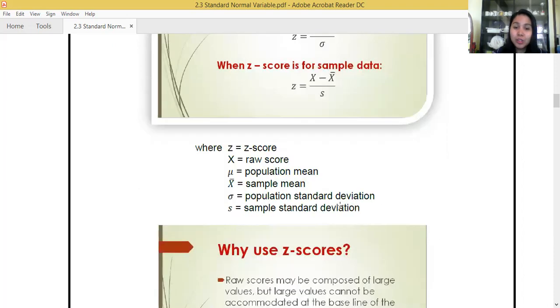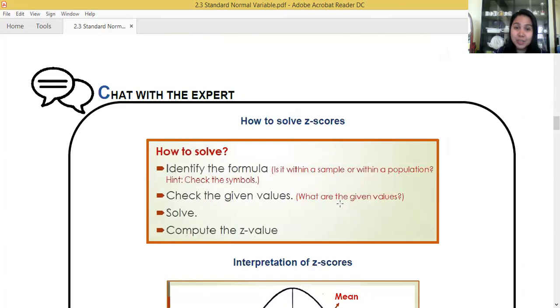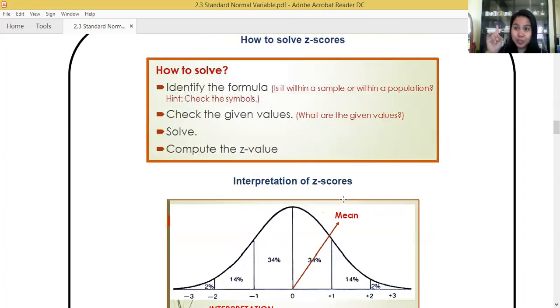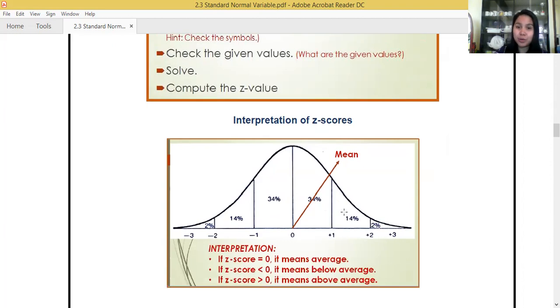Now, how do we do it? How to solve z-scores? First, identify the formula, the first one or the second one. Second, check the given values. Third, solve. And fourth, compute for the z-value. And after you compute it, you need to interpret the z-score.